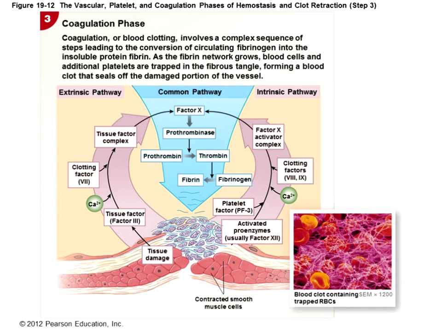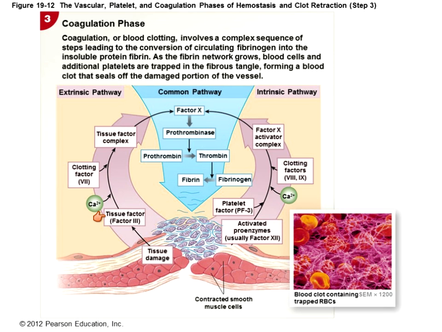Now, how we got to that was that we had our extrinsic pathways and we had our intrinsic pathways. Remember, extrinsic happens in the blood vessel wall, and we call them extrinsic. We really aren't dealing with things that are necessarily all brand spanking new, because calcium was already circulating, but the different tissue factors are released from the damaged tissue in the blood vessel wall.